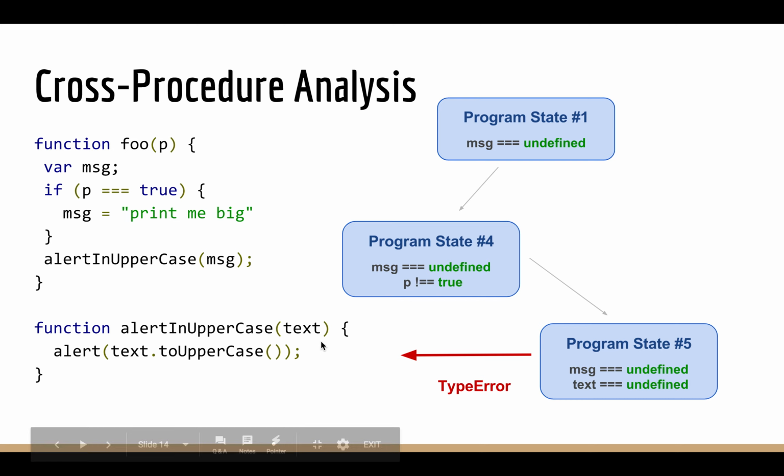So we know that text has a value of undefined, and then we will have a type error. That's probably our main target in current development. So we are trying to reach this level of execution.